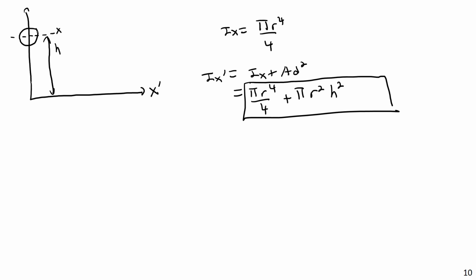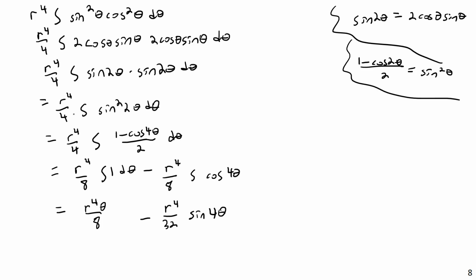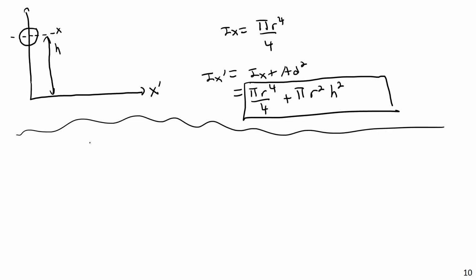If I wanted to do this without the parallel axis theorem, I would have to work through an integral that is just as complex as this one, but I would have to do it twice. And even worse actually, I would probably do it like this.